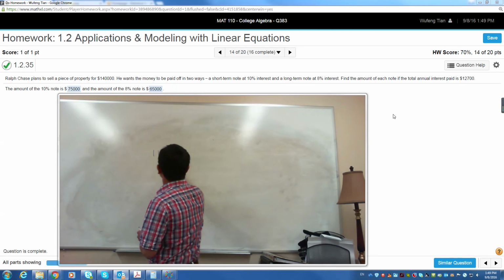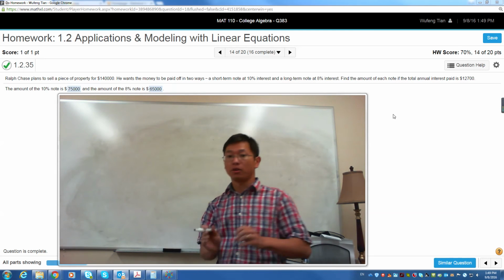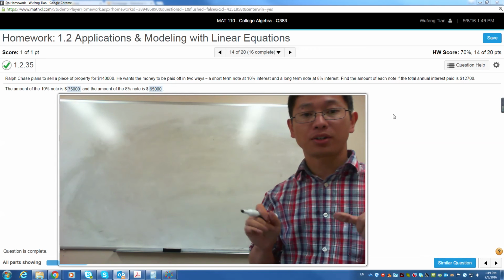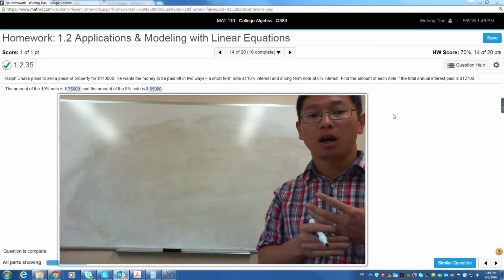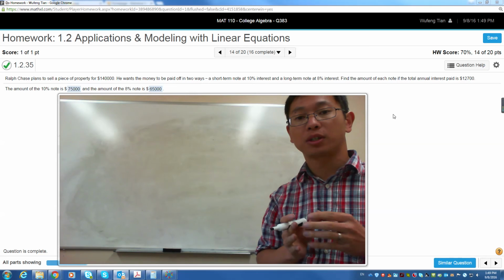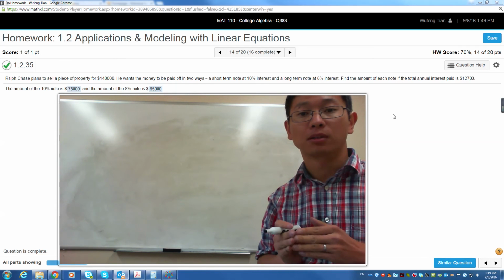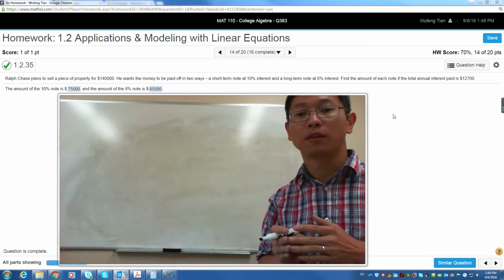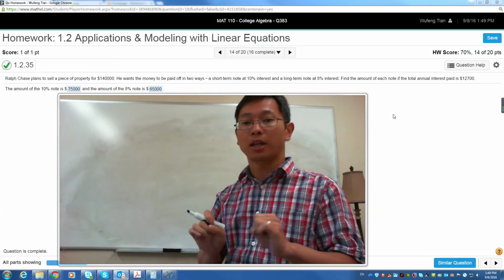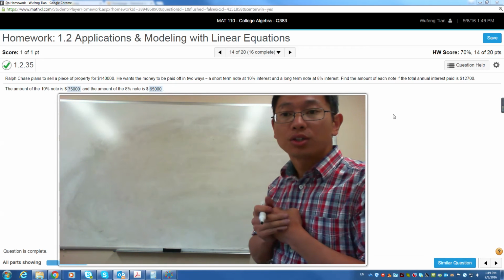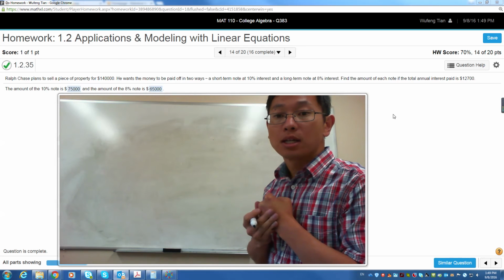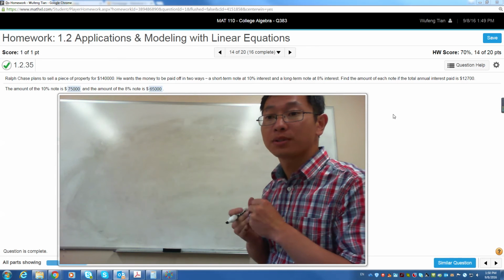Let's look at this one. So you have two different amounts of loans. Sell a piece of property. He wants the money to be paid off in 2 ways. The first one is 10%.